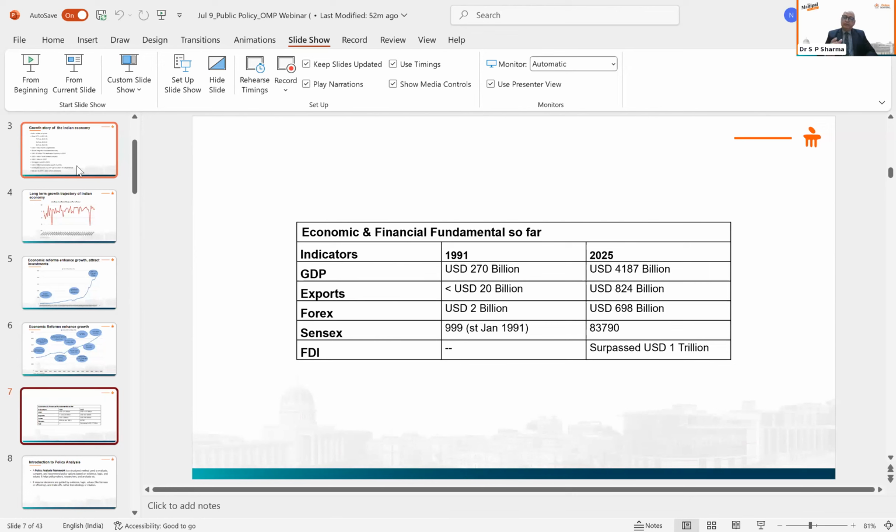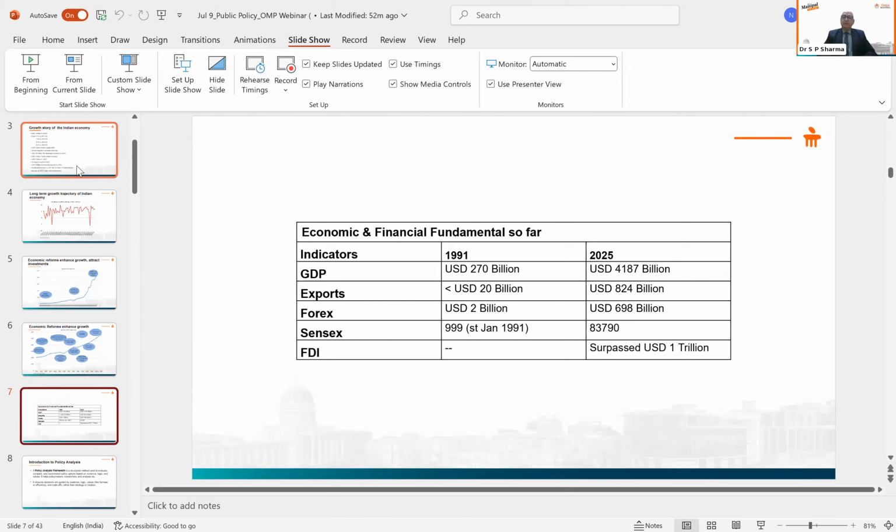Then the numbers, what the numbers say on the backdrop of all these reforms. So I would like to mention five major numbers which are very prominent, like investments and the growth of the economy and our external sector and our resilience in our reserves. Firstly, GDP.